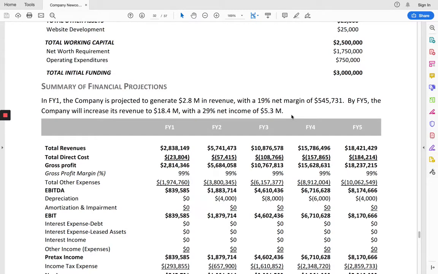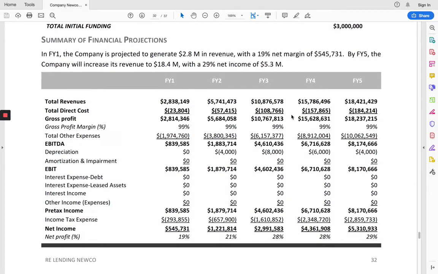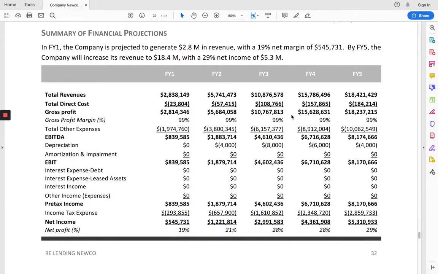For example, if the investor asks what happens if you increase your price by 10%, you can make that change in the Excel sheet and all the numbers will update in real time. If they ask what happens if you need to hire 2 more people, you can quickly do that. You can add their salaries, the payroll tax will be calculated automatically, and all of your operational costs and profitability will be calculated automatically.